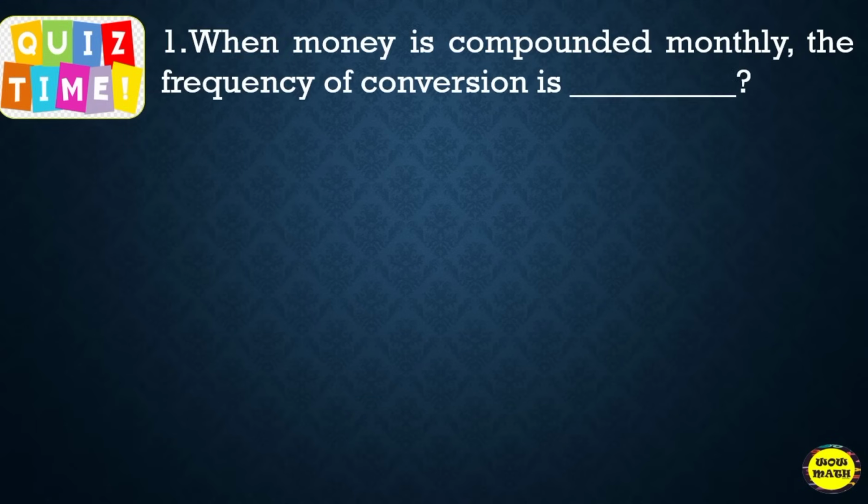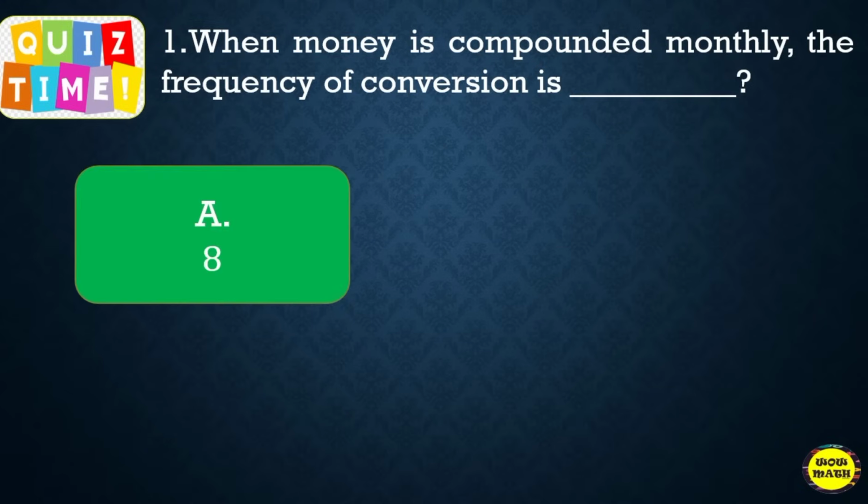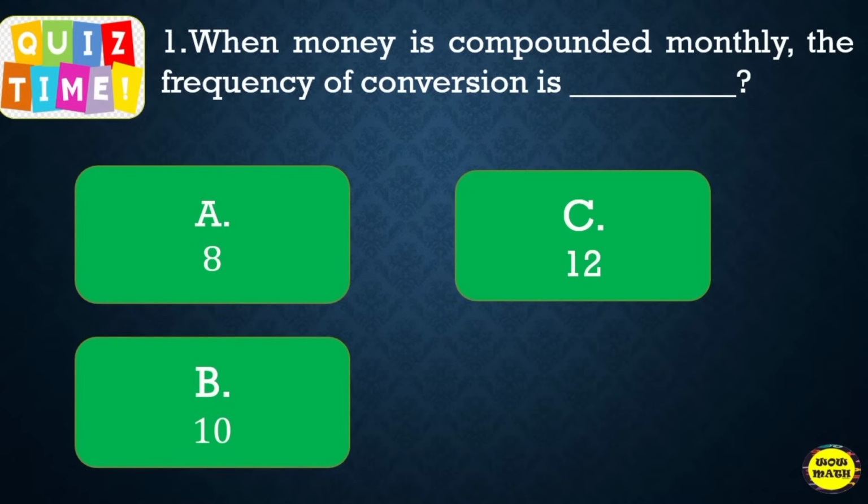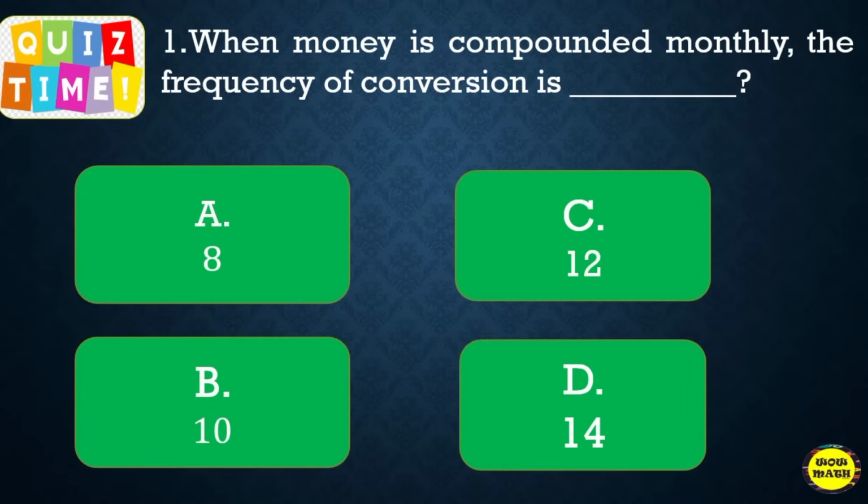Okay, for question number 1. When money is compounded monthly, the frequency of conversion is blank. A. 8, B. 10, C. 12, D. 14.